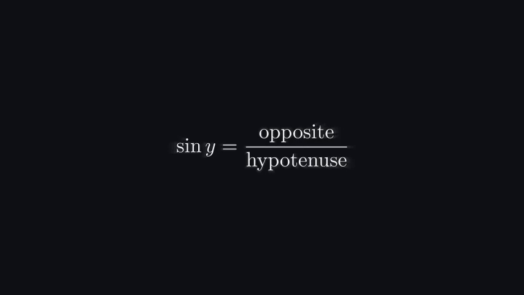Now find sine of y and cosine of y from the triangle. Sine is opposite over hypotenuse. So, sin of y equals the square root of 2 over 2. Cosine is adjacent over hypotenuse. So, cos of y equals the square root of 2 over 2.